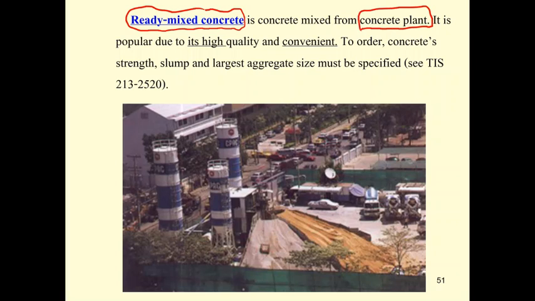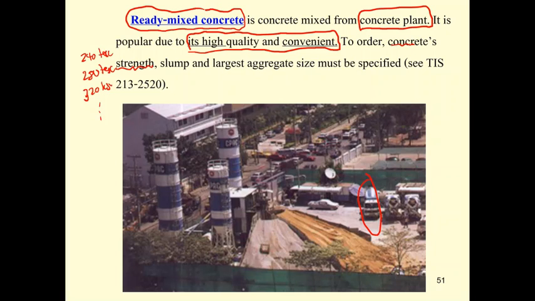Okay, and it is very popular since it's very high quality and convenient. You don't need your own concrete mixer. The concrete will just be put into this truck and sent to your site. And when you order your concrete, you have to specify the concrete strength, maybe like 240 KSC, 280 KSC, or 320 KSC, or something else.